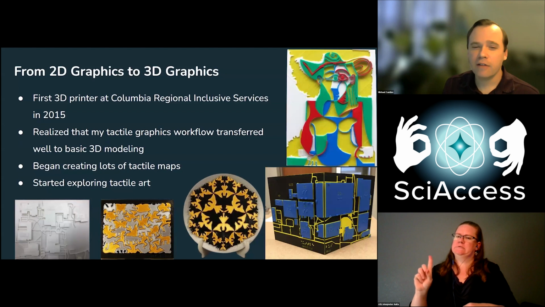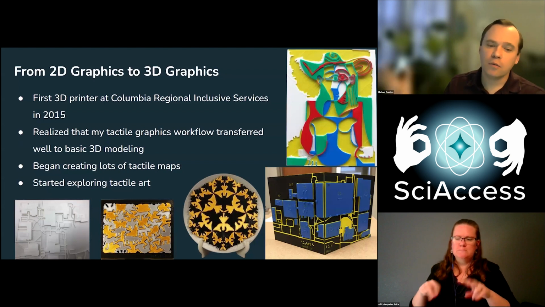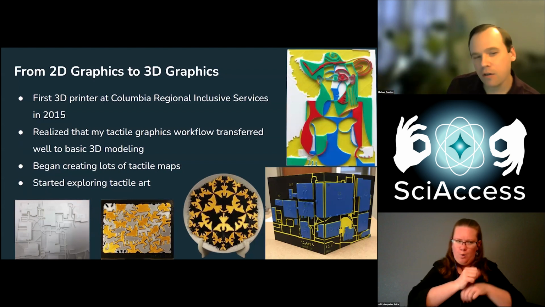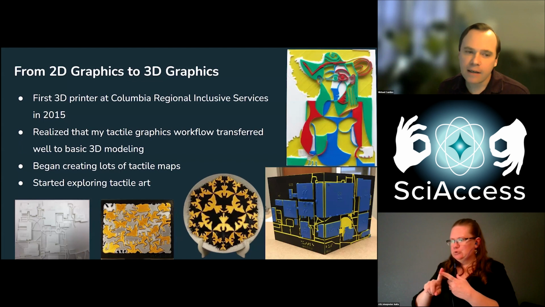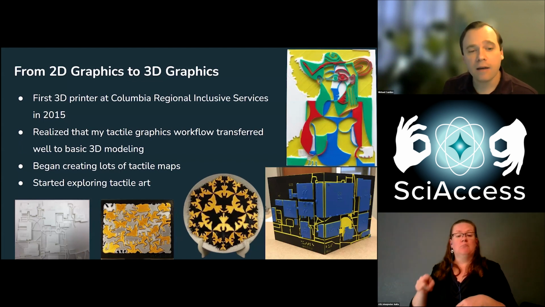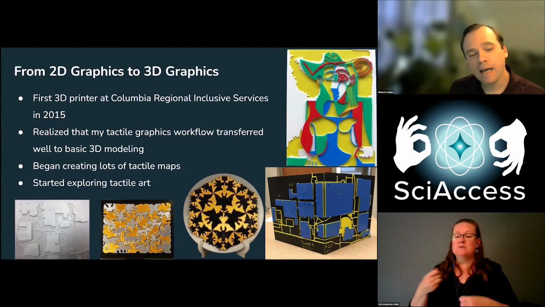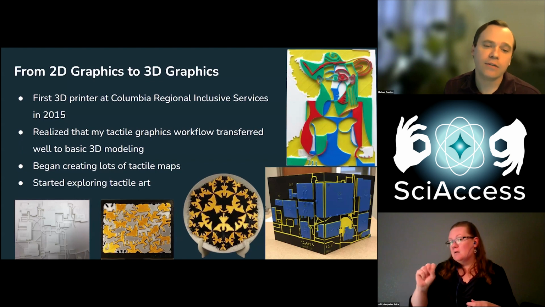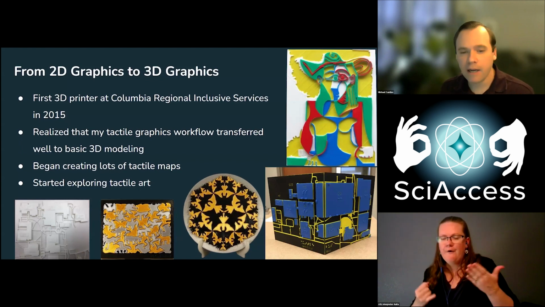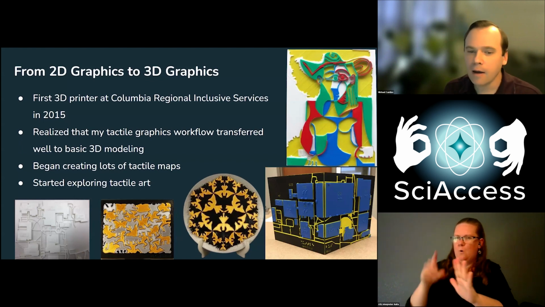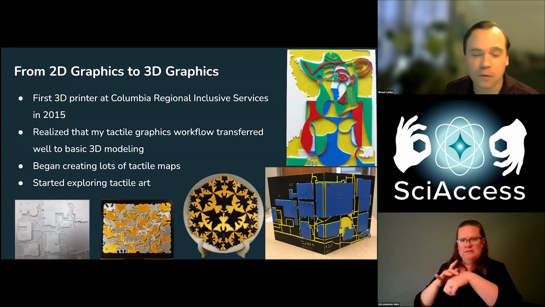And so I started to explore, how can I take my workflow I have now and start using that with a 3D printer? That led to me initially making lots of tactile maps. And then I eventually started exploring tactile art and how we might convey some of these concepts tactilely with the 3D printer.